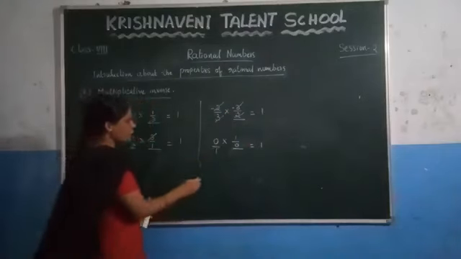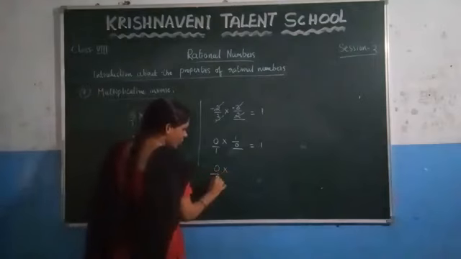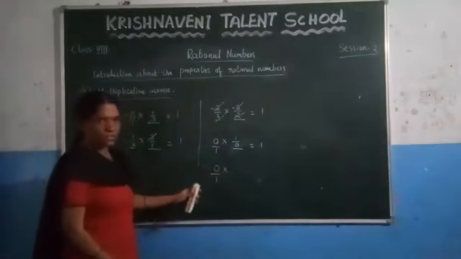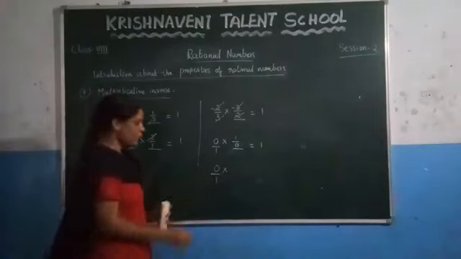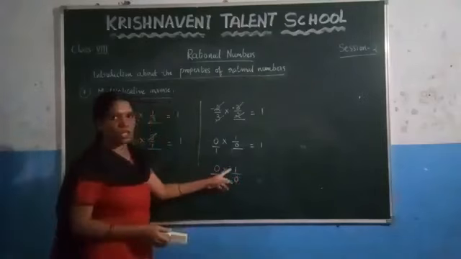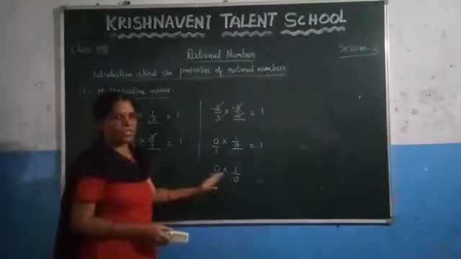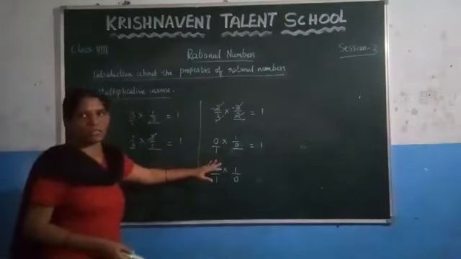Here let us consider 0. And here what we are getting is 0 by 1. We are taking 0 as 0 by 1. Now we are writing the reciprocal of this number. What we are getting here is 1 by 0. You know that 1 by 0 is not possible. This value is undefined. So we can say that the multiplicative inverse of 0 does not exist.